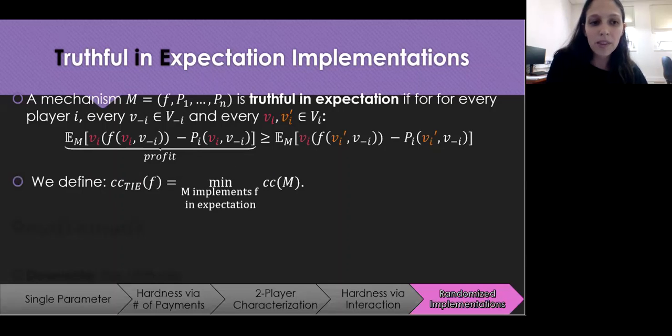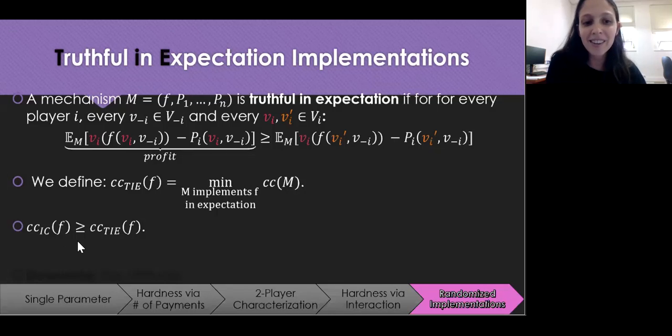And we denote with CC tie the communication complexity of the most efficient truthful in expectation mechanism for the function. And when I say efficient, I mean efficient in communication. And observe that the deterministic implementation is necessarily harder than implementation in expectation, because a deterministic implementation is also truthful in expectation.